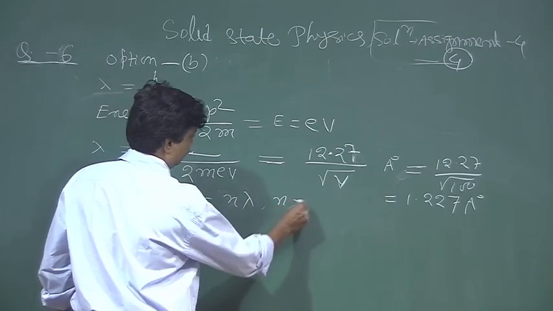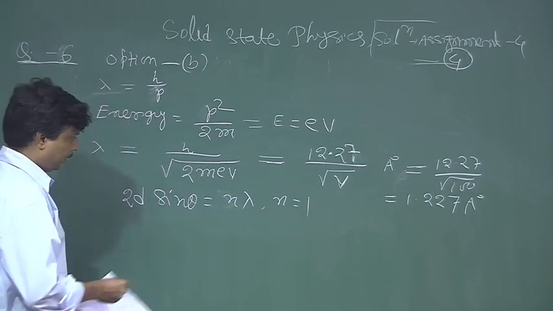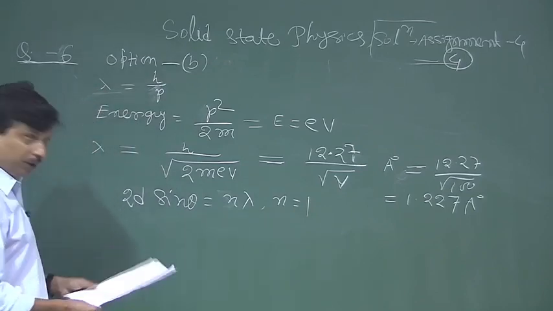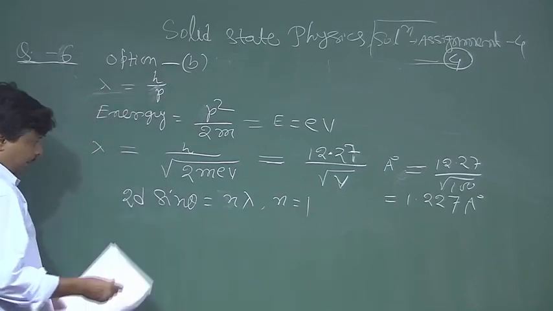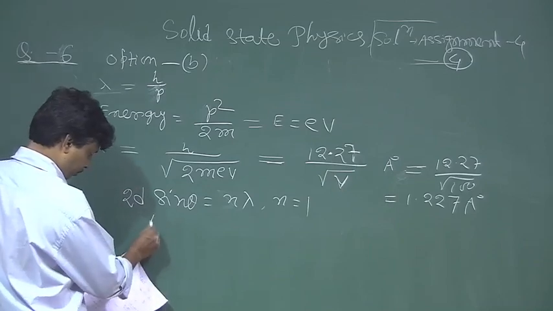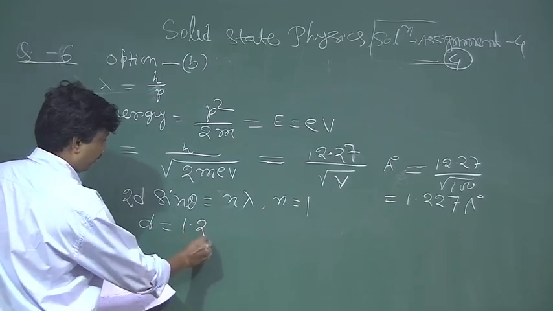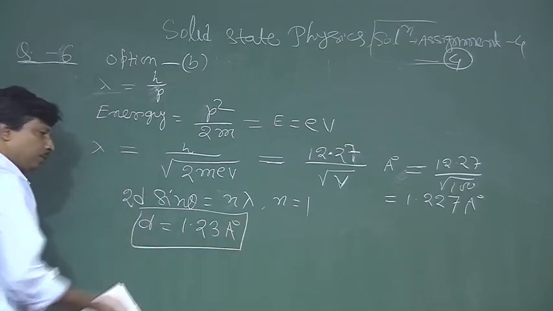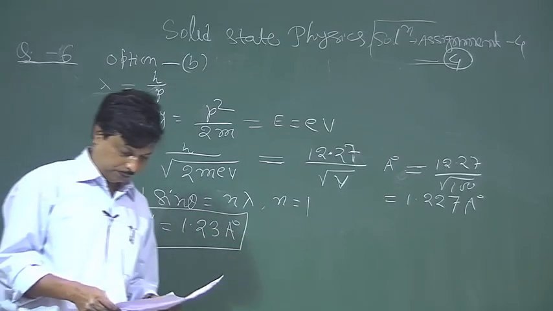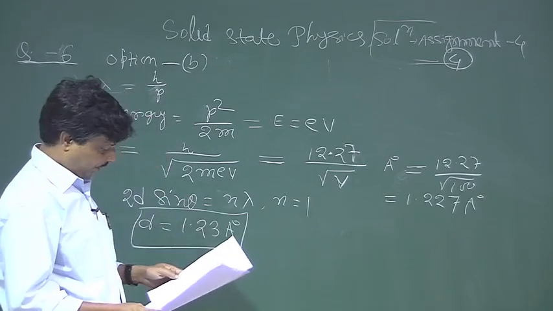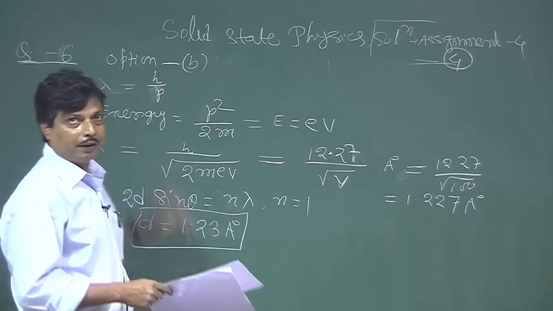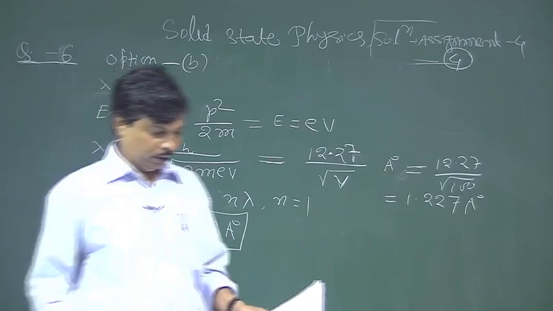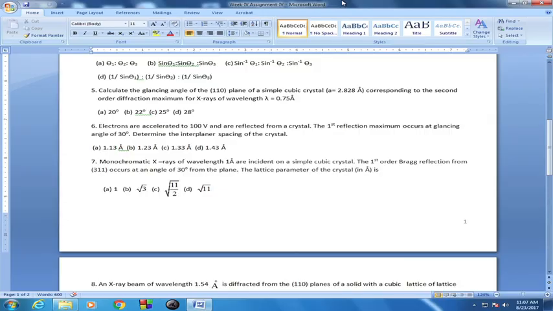So n is equal to 1 and theta is given as 30 degrees. This gives d is equal to 1.23 Angstrom, the solution of question number 6. So option B is correct, and question number 6 is over.